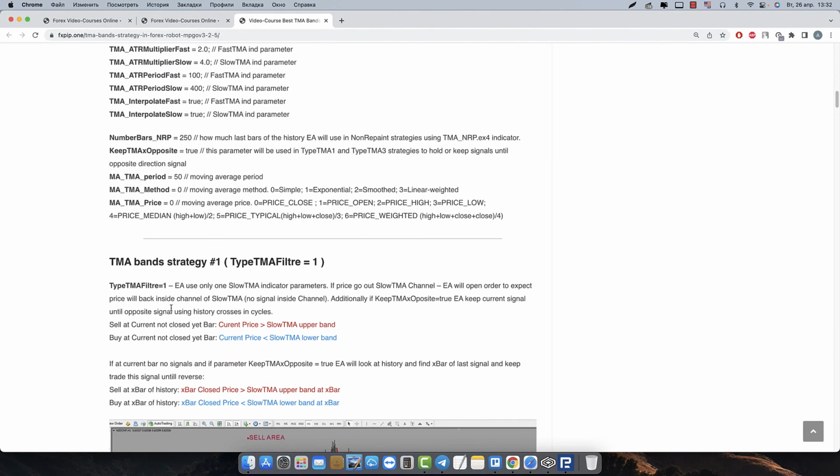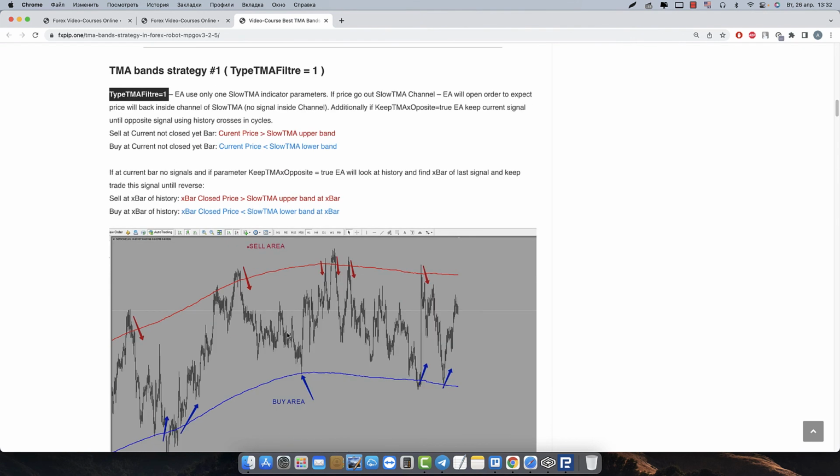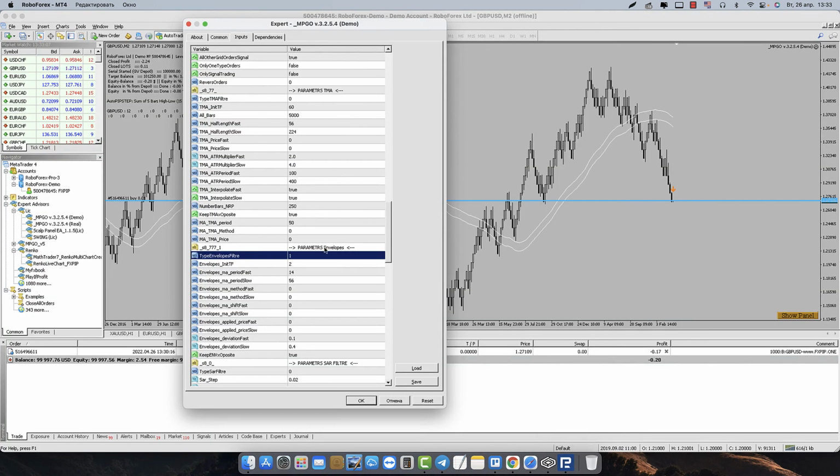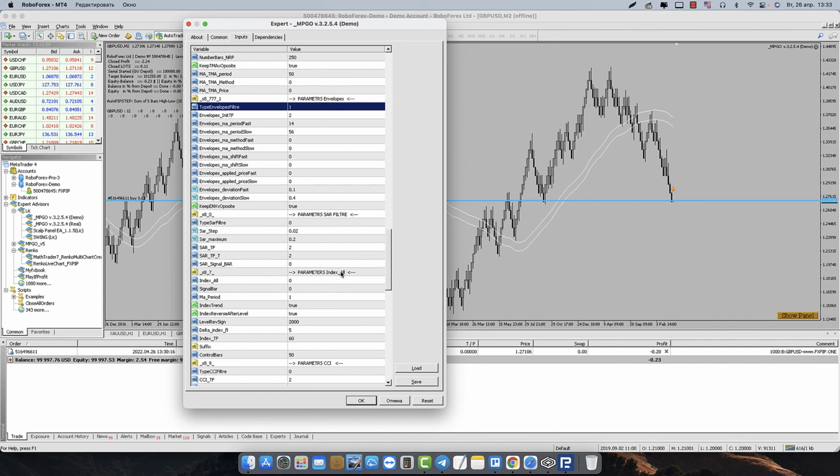For example, type envelope filter number 1: how it works, what it means, what keep till opposite is, how the robot can search signals in history and keep them till opposite. Everything is simple, but you must understand how to turn this type of signals off and on. If you activate two indicators, sell will be only if type envelope filter signal is sell, and at the same time type SAR signal 1 also sells.